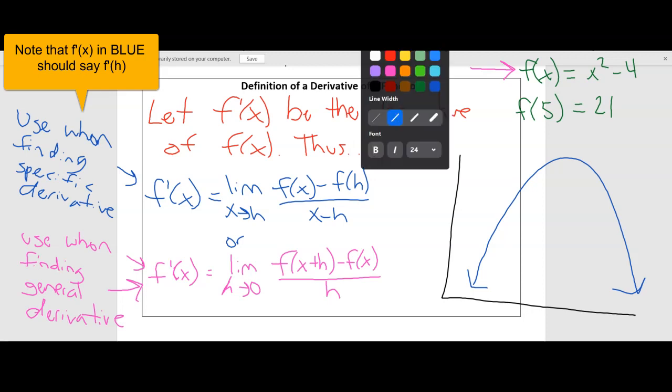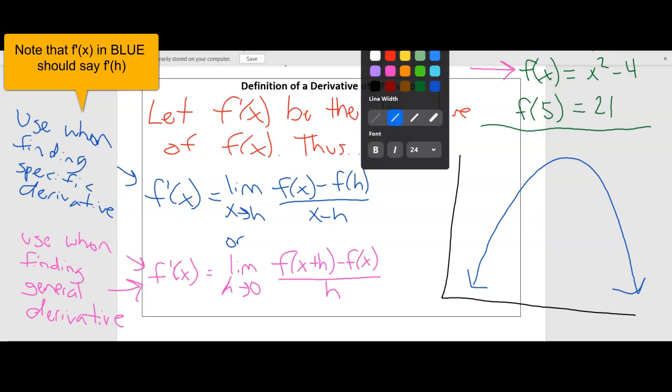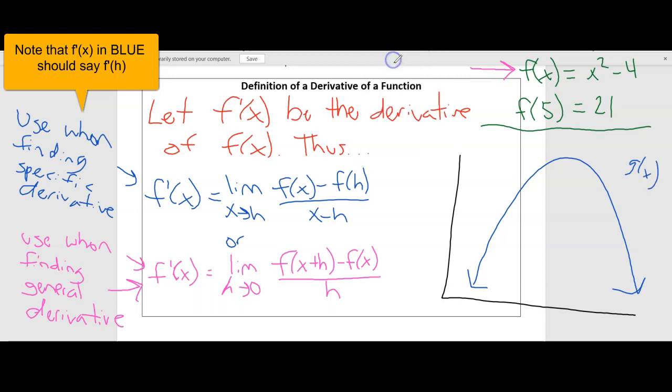So if I want to find the derivative at a specific point, that would be like taking this function here in blue, and we'll call it g of x, keep it different from our f of x. Let's say you want to find the derivative at this point, we'll call that x equals 3. Well, we know that's the slope of the tangent line at that point.